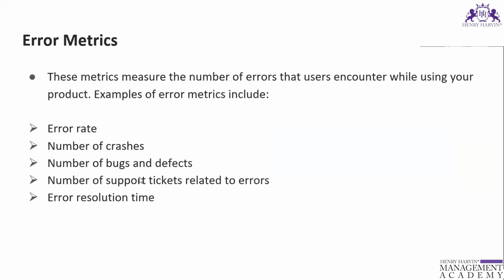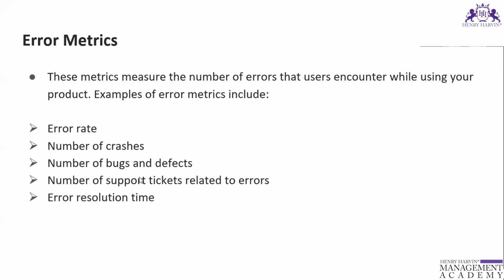Error metrics. What do you mean by error metrics? Number of crashes. You want to make the payment but you are not able to make the payment. IRCTC, especially if you want to book during the Tatkal time, you will have a lot of crashes. Still, they are not able to crack it, even though they say they are in the top 10 websites with maximum traffic in the world.